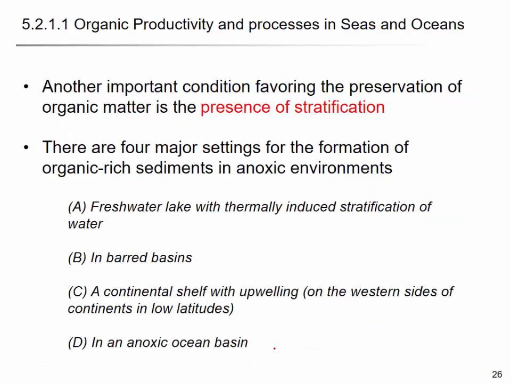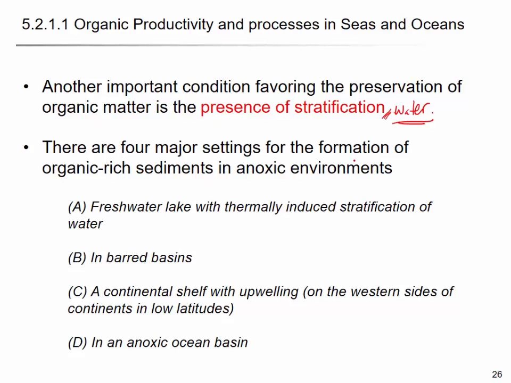Another important condition favoring the preservation of organic matter is the presence of stratification. Rapid sedimentation rate is also important, and you need to have the stratification of the water. This means restricted movement of the water, so you have no deep circulation of the water.